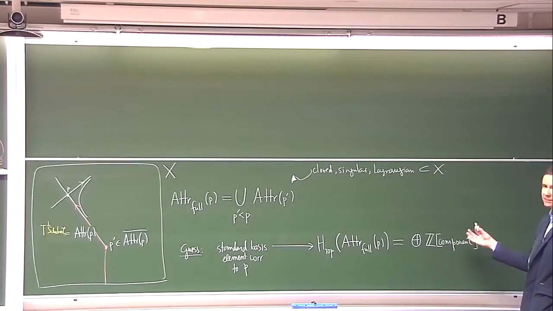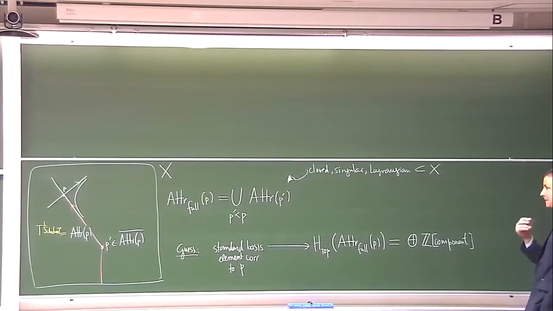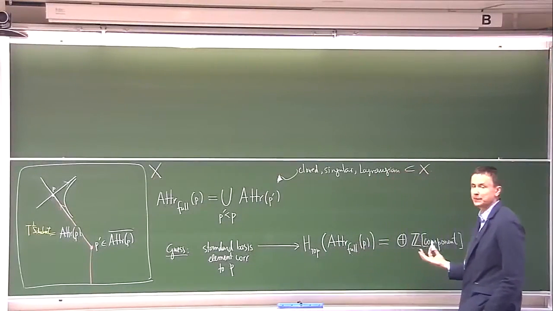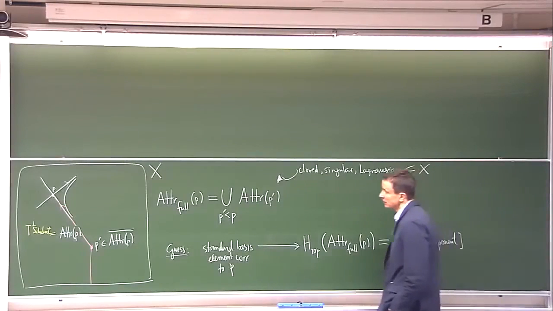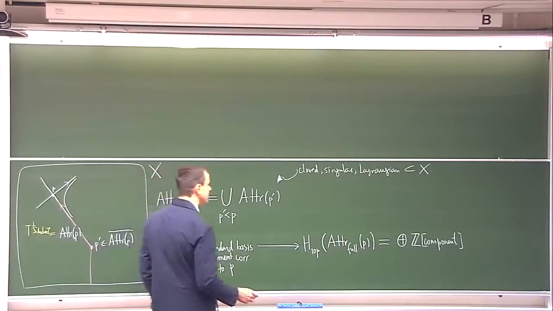So in other words, this is something with Z coefficients, which is very constrained. And how can we characterize this? My point is that this is enough to characterize it; it can be uniquely characterized.